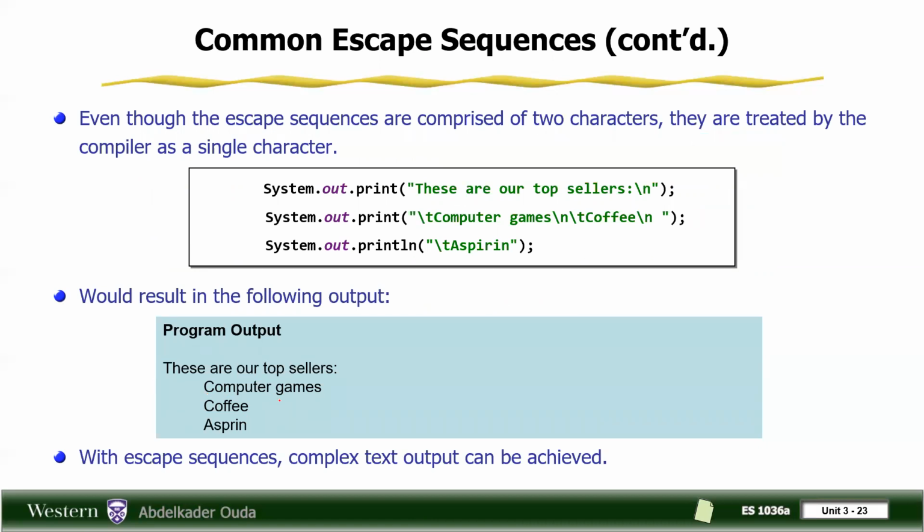Computer games, \n, \t, then it will bring coffee underneath it, then \n and \t again, and aspirin. If you play with it, you will start formatting how things will look on the screen. With escape sequences, complex text output can be achieved.